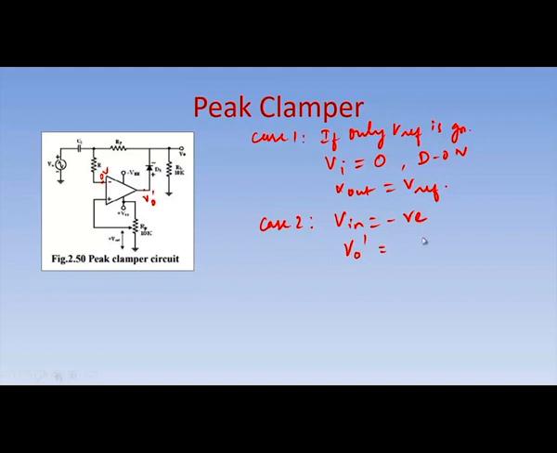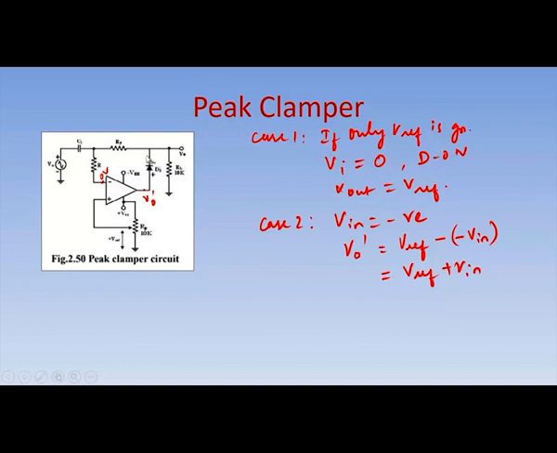The net result at the output of the operational amplifier is V reference minus Vin, because we are giving a negative voltage at the input of the operational amplifier. So, you will be having V reference plus Vin at the output of this operational amplifier.